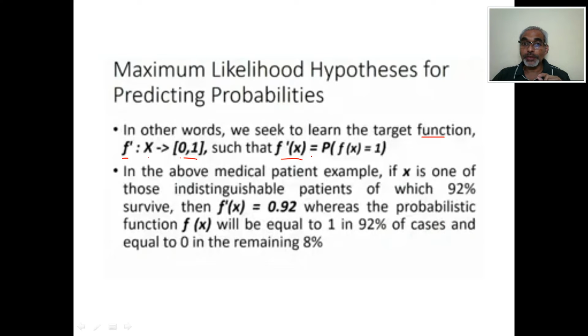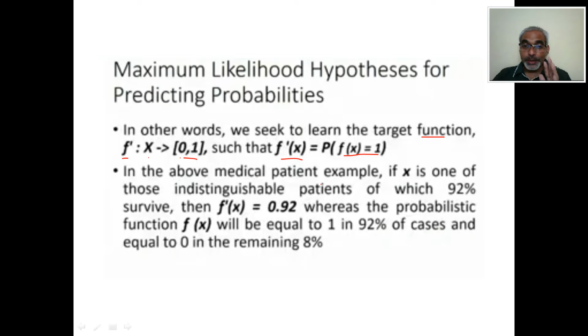Now f dash of x is equal to probability of f of x is equal to 1, the probability that this patient survives. This is what you are going to learn: f dash of x should be equal to probability of f of x is equal to 1.